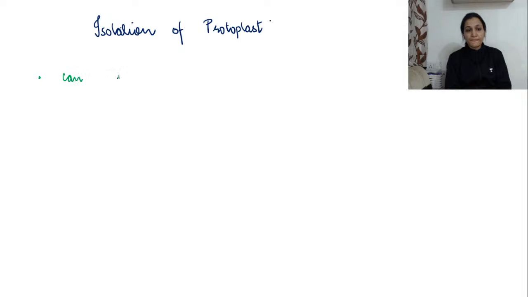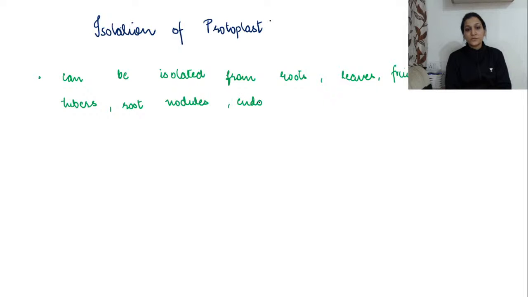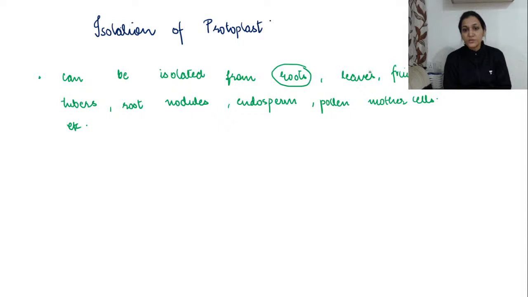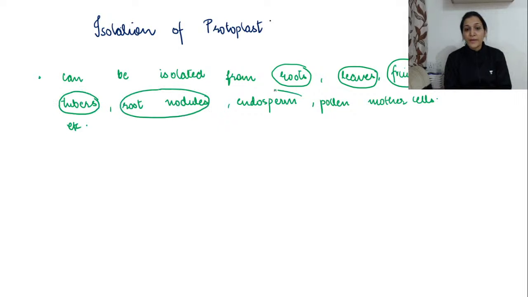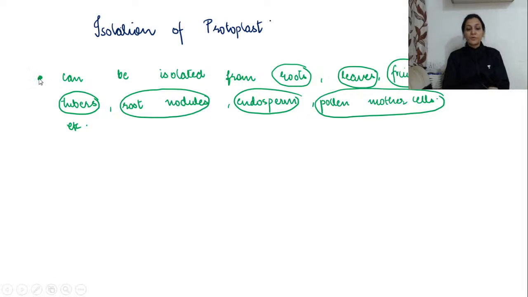It can be isolated from roots, leaves, fruits, tubers, root nodules, endosperms, pollen mother cells, etc. So this is the isolation of protoplast.